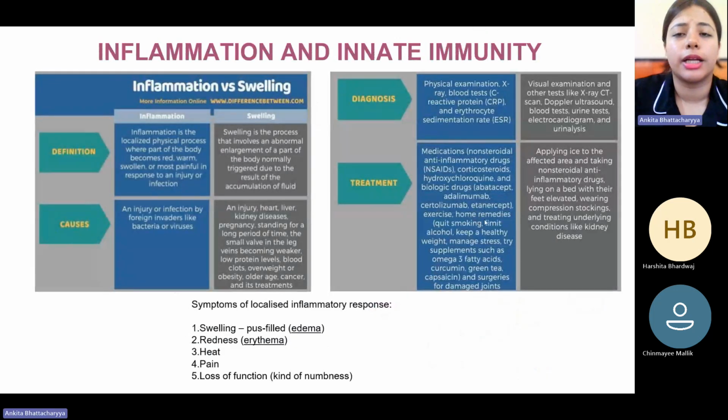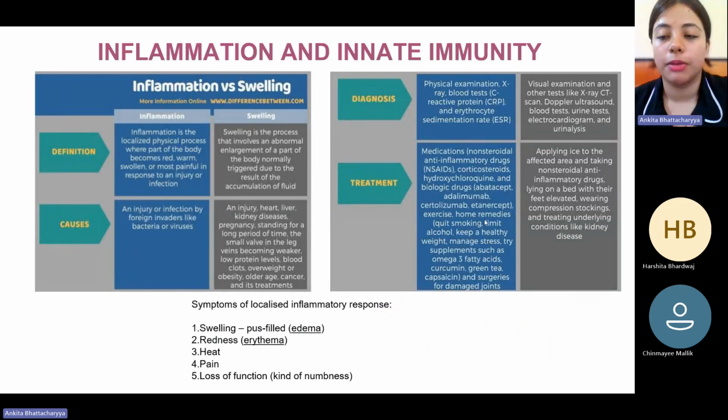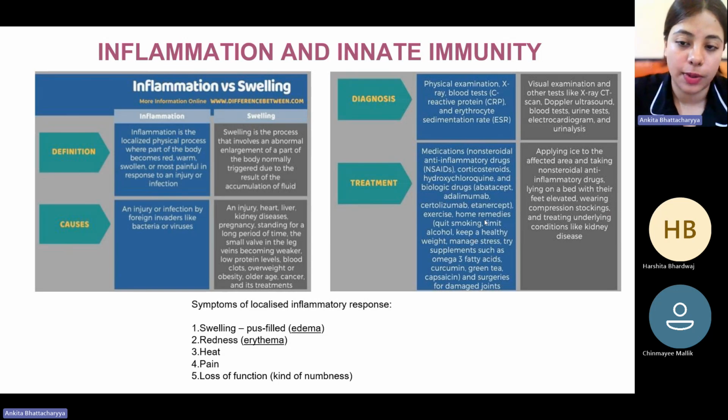Next, we looked at the difference between inflammation and swelling, particularly because inflammation was very relevant to innate immunity. We understood edema, erythema, heat, pain, and loss of function as the key attributes of a localized inflammatory response. And just a few slides ago, if you remember, we saw the role of edema and erythema, particularly in vasculitis as well.